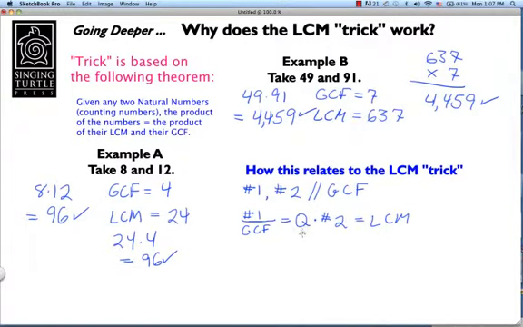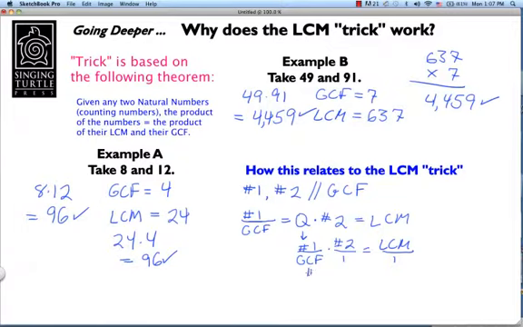So underneath the Q for quotient, I'm just going to write number 1 divided by GCF. And we see that that times number 2, and I'm going to write number 2 over 1, equals the LCM.